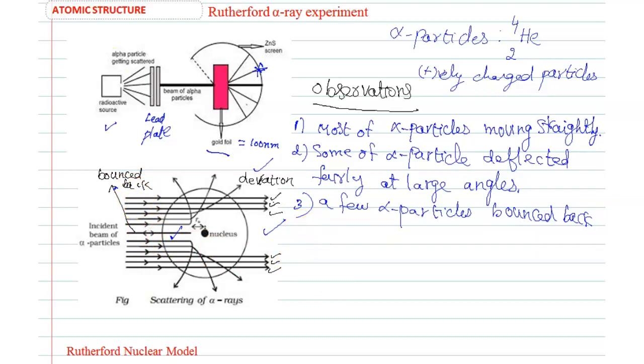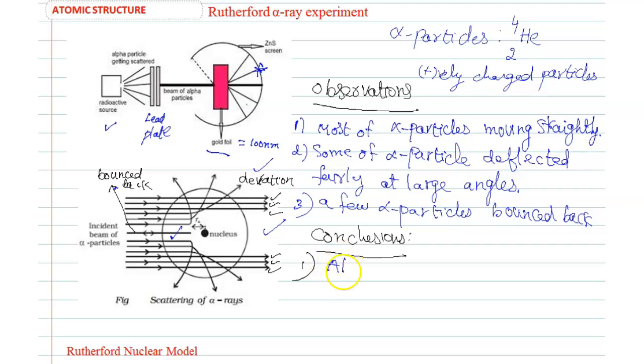So what is the meaning of that? Based on these 3 observations, he gave 3 conclusions. The first point is why they are moving straight. They move straight when the atom has largely empty space.